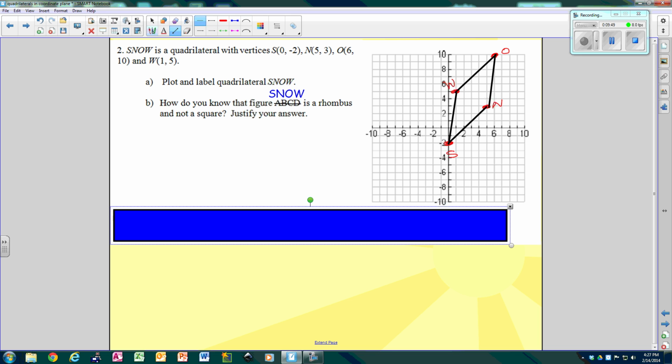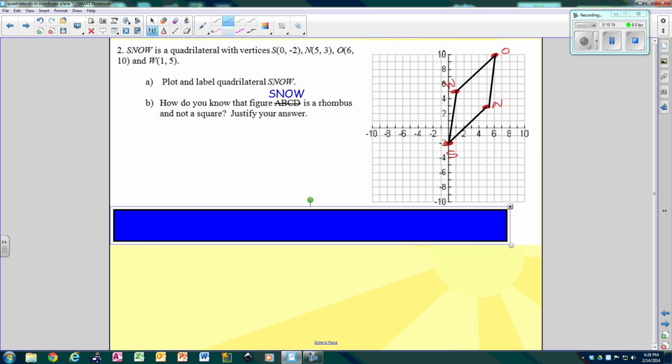All right, so now we've plotted quadrilateral SNOW. How do you know if the figure SNOW is a rhombus and not a square? Okay, well, first of all, I need to find the slope to make sure that the sides are parallel. And then if the sides do not have negative reciprocal slopes, then that means they don't have right angles, and without right angles, it can't be a square.